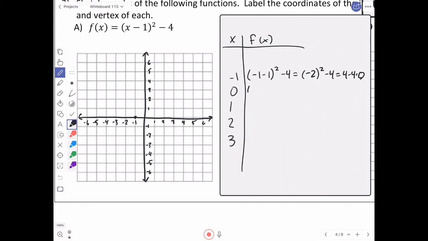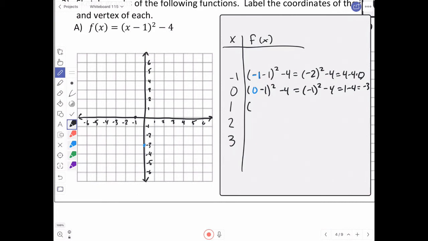And 0 is 0 minus 1 squared minus 4, which is -1 squared minus 4, which is 1 minus 4, which is -3. So 0, -3.